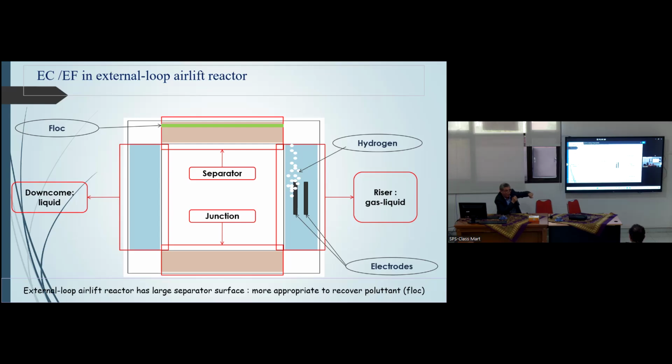We have induced agitation only by introduction of hydrogen by electric current intensity. Okay, and you also have a sacrificial anode, and you have flotation of the pollutant at the surface, and you can remove the pollutant.